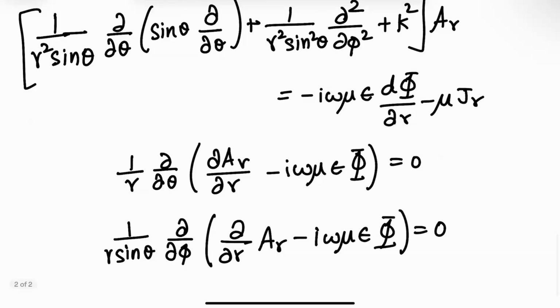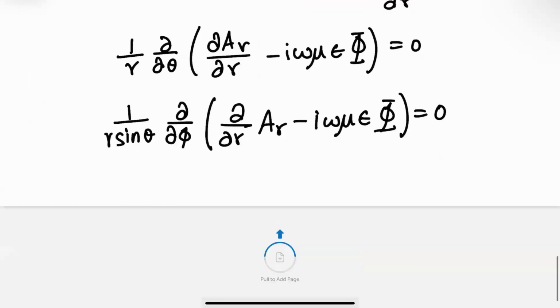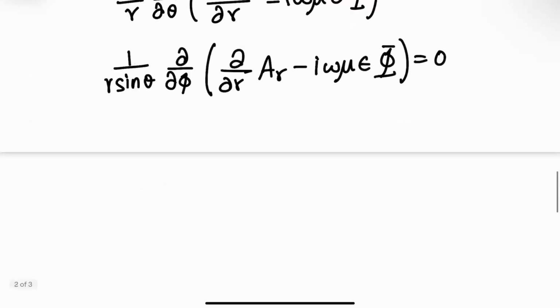Okay. So now we have three equations and we still have the choice of gauge freedom. So by looking at these equations, you can see that I can set this term to 0 by setting this equal to this, right? And by setting this equal to this, both of these equations get automatically satisfied. So this seems like a more natural gauge in spherical coordinates, right? So we'll call this the spherical gauge.